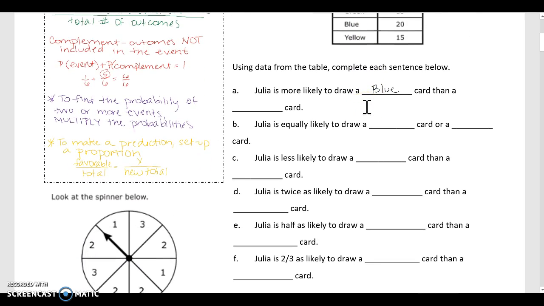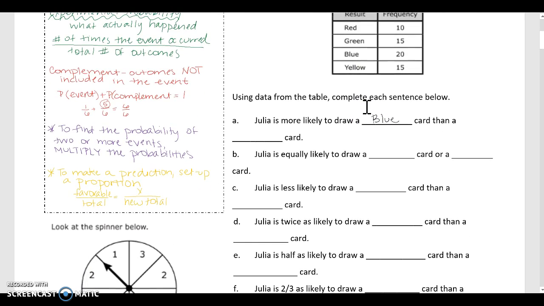So, like I said, you get to decide as long as your first color has more outcomes than the second. Okay. The second one says Julia is equally as likely, so we're looking for two equal quantities, to draw a green and a yellow. All right.